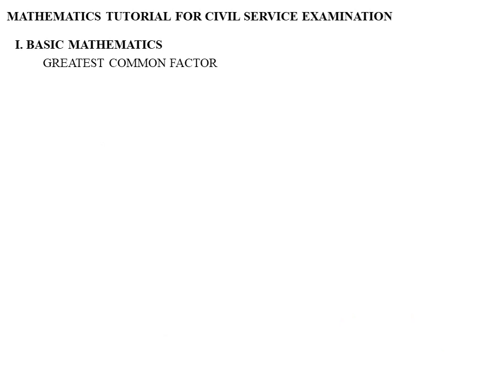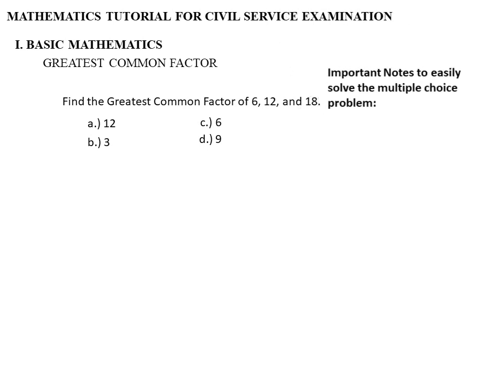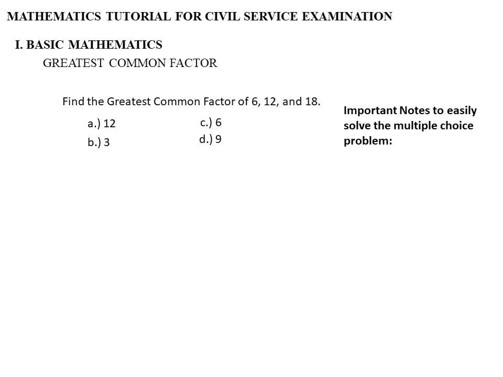Okay, let's try another example of greatest common factor in multiple choice. Find the greatest common factor of 6, 12, and 18. The choices are 12, 3, 6, and 9. Okay, let's give a hint again. Important notes to easily solve the multiple choice problem. The answer should not be greater than the lowest given number, since it is a factor of these 3.